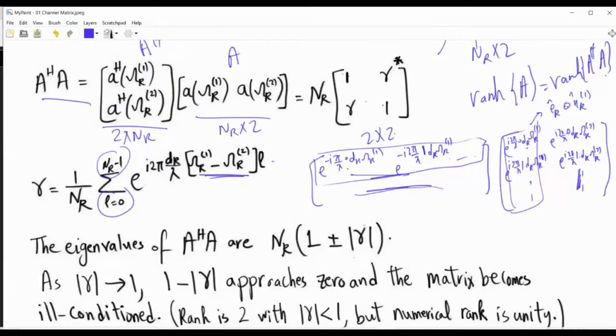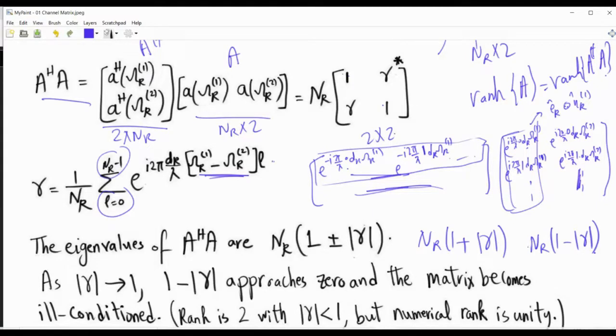The trace is 2NR, and the determinant, which is the product of the two eigenvalues, is NR times NR minus NR squared times the magnitude of gamma squared. So we have two eigenvalues: one of them is NR times 1 plus the magnitude of gamma, and the other is NR times 1 minus the magnitude of gamma.